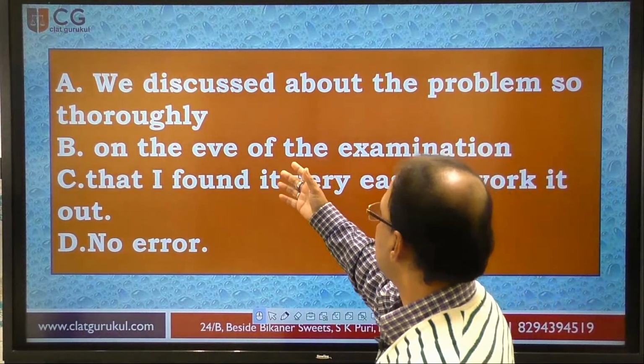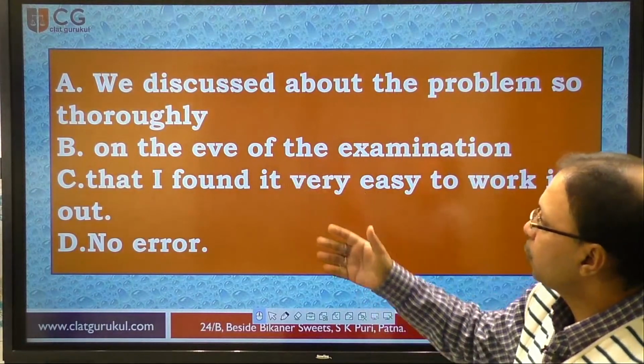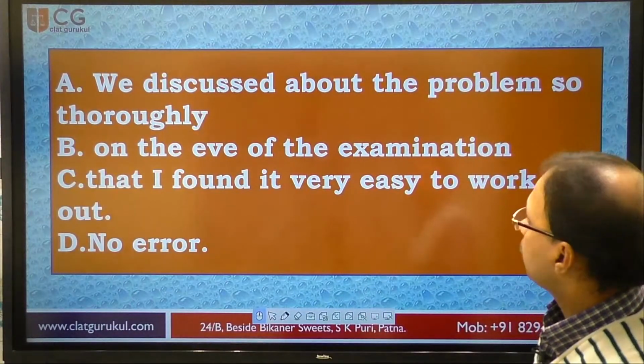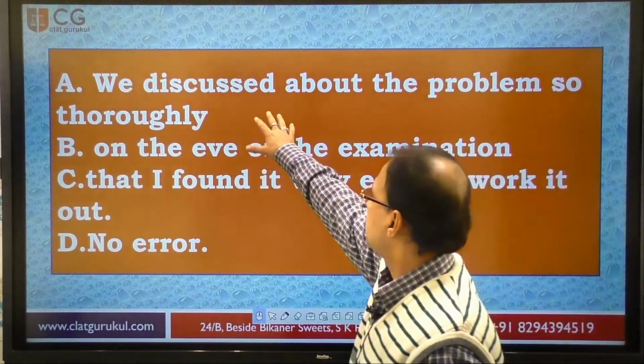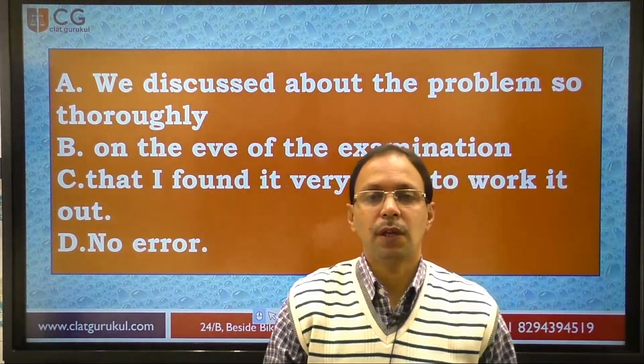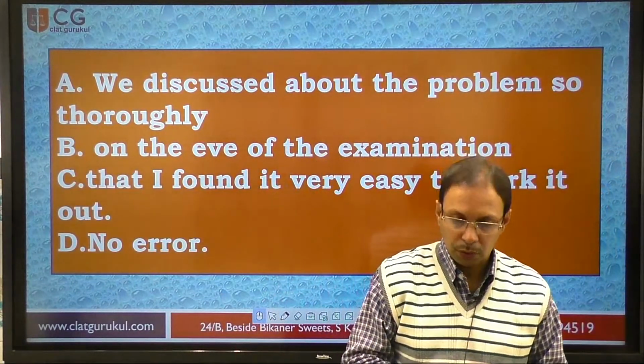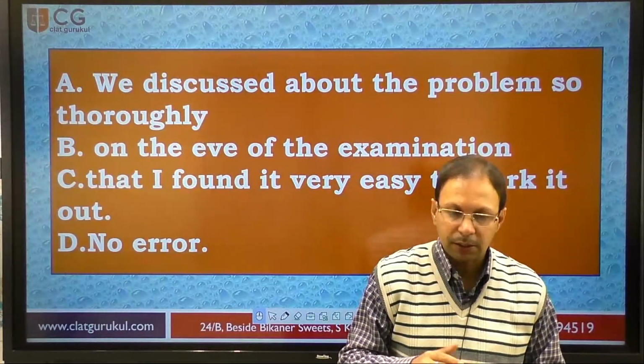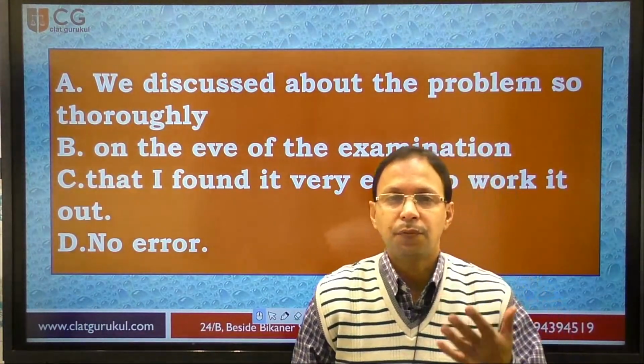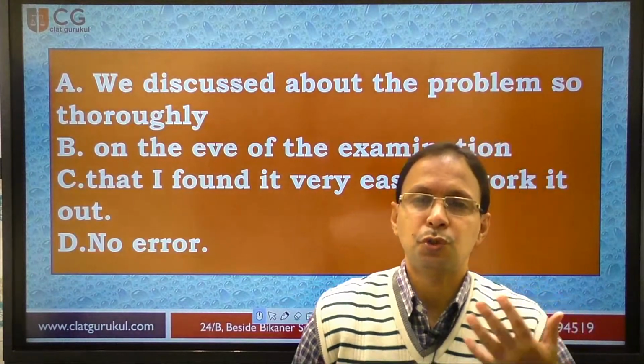If you think about the first part, it is written that we discussed about the problem so thoroughly, right? After discuss, the word is about. Here the application of about is wrong, because if somebody is discussing, it is already implied that it is about something.